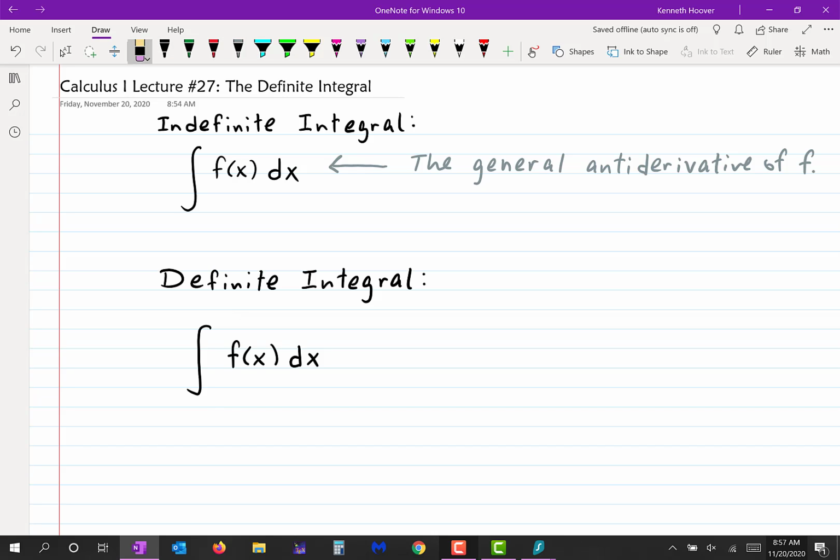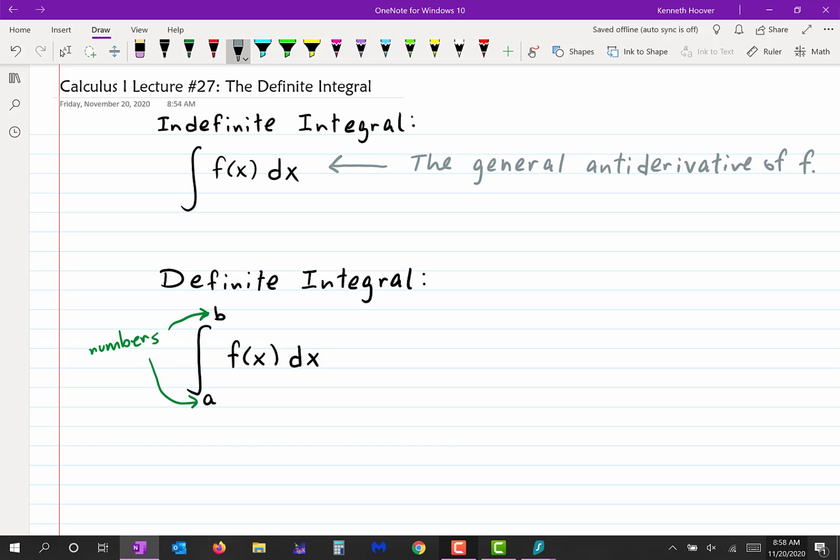Okay, let me put a and b. Those would be numbers, not variables, okay? So you wouldn't actually see letters there. You would see numbers there. I'm just using letters to stand for those numbers. That would be called a definite integral if there are numbers above and below the integral symbol.